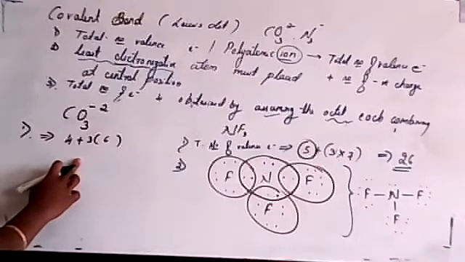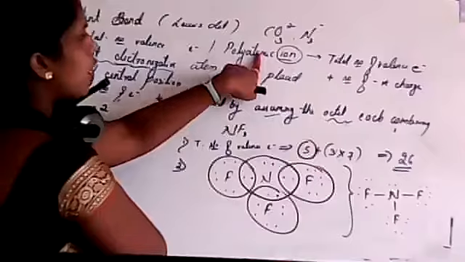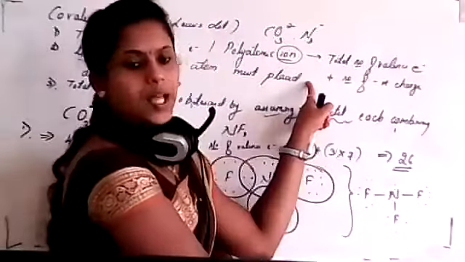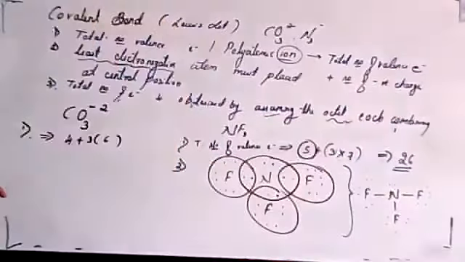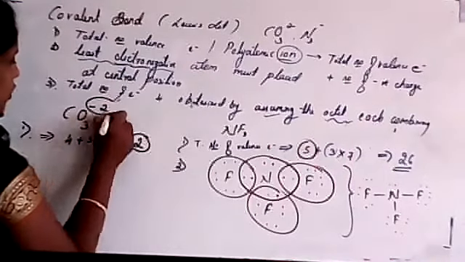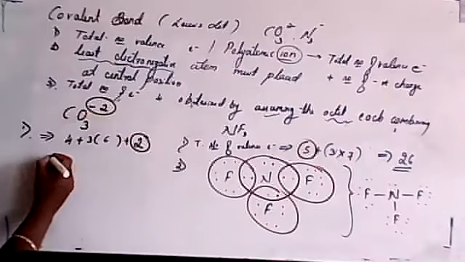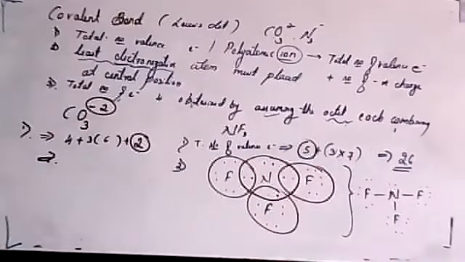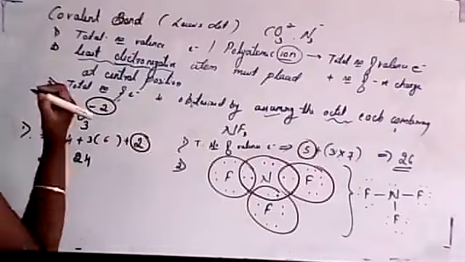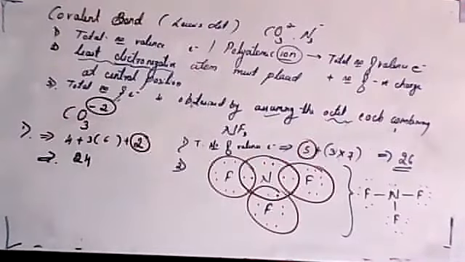If there is a polyatomic ion, you have to add the number of negative charges to the total number of valence electrons. In that case, plus 2 because of this charge. So the total number of valence electrons is 24. There are 2 extra electrons, isn't it?